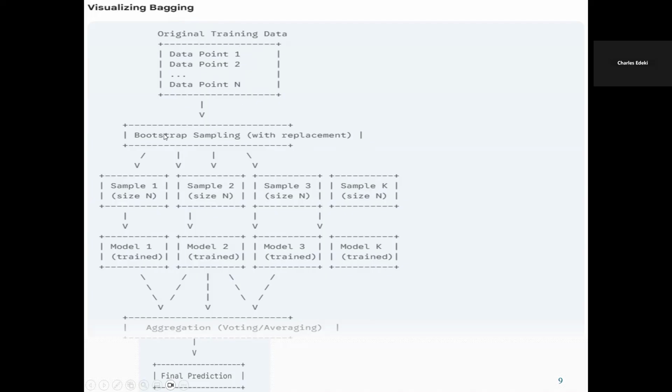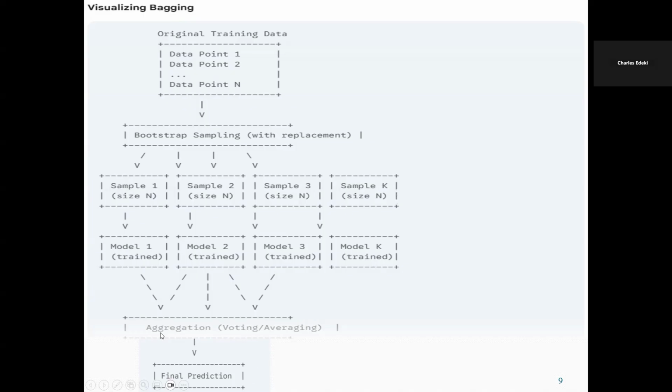We use a bootstrap sample with replacement, sorry, not without, with replacement. And then here we have K, let's say 4. So 4 samples, and we are going to build 4 models.